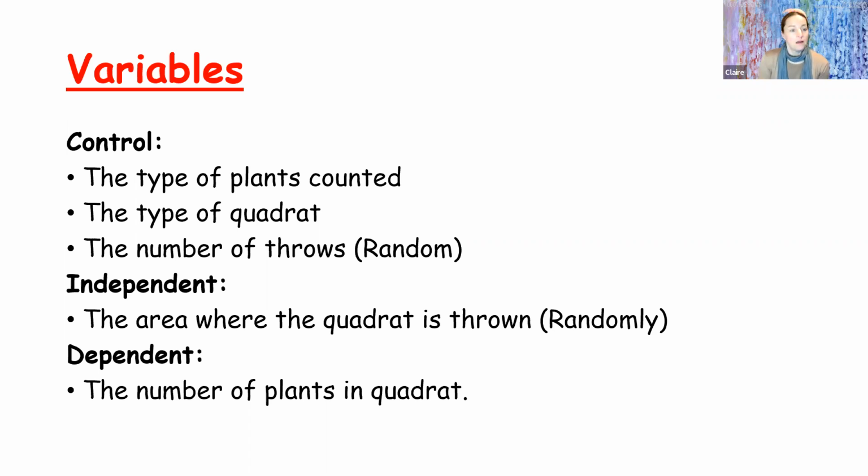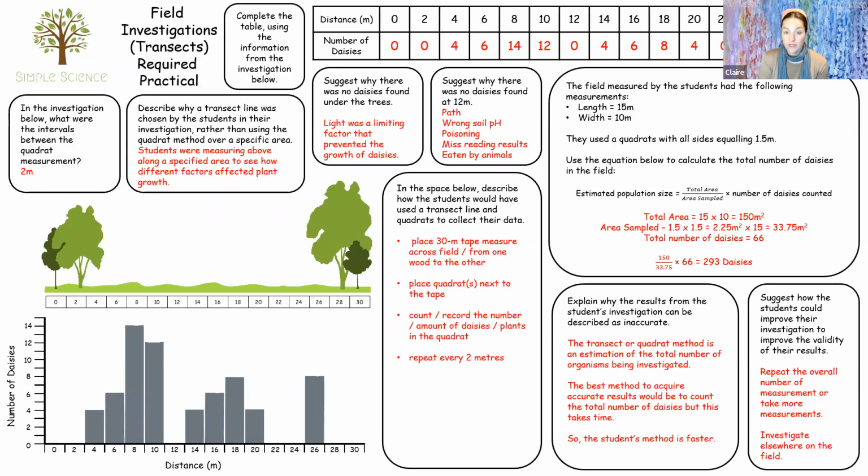The other ecology one is transects. Now the purpose is the same, to measure the number of plants, but this time we use a line. I've seen questions where it's from the sea, the beach, all the way through to the fields at the back.